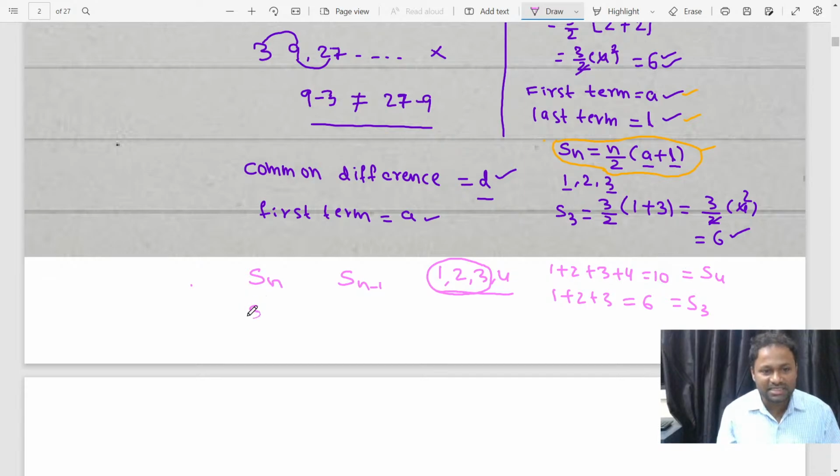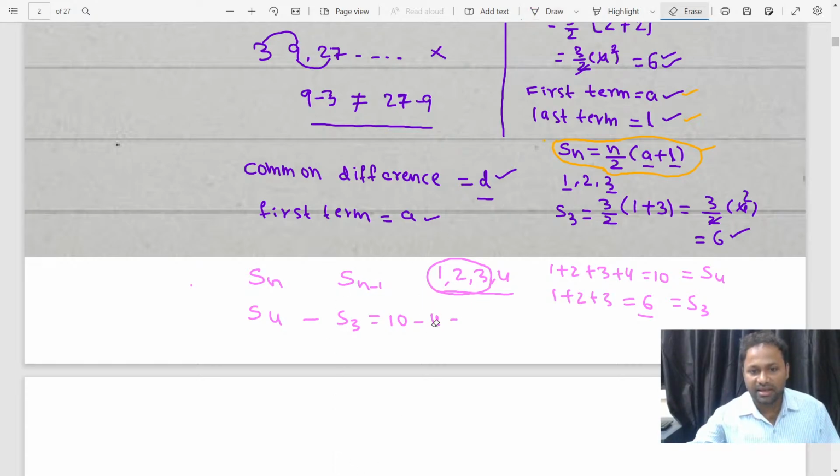Okay, I will subtract these two. S4 minus S3. What do I get? S4 is 10, S3 is 6. 10 minus 6 is equal to how much? 4. 4 is nothing but the last term, or fourth term.